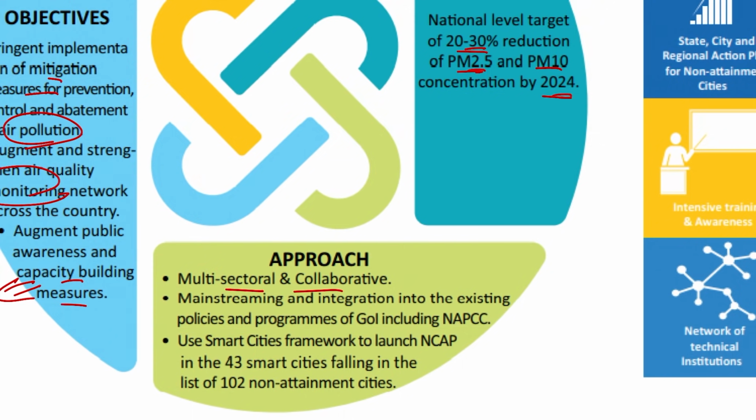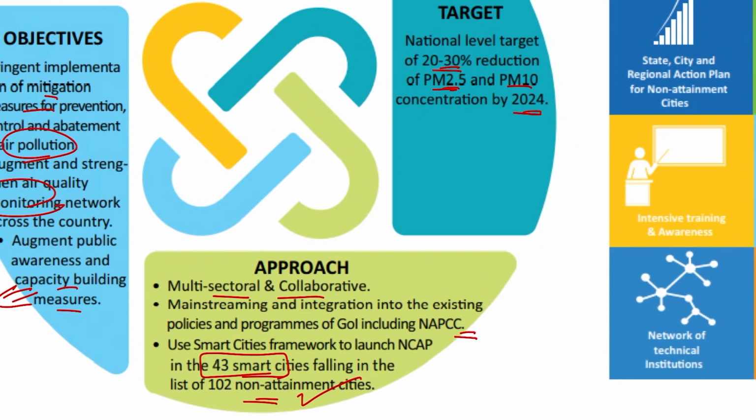Then mainstreaming and integration into the existing policies and programs of Government of India, including the National Action Plan for Climate Change. And then use Smart Cities Framework to launch the NCAP in the 43 smart cities falling in the 102 non-attainment districts. So within this 102 non-attainment districts, the 43 smart cities will be given more weightage. So this is the approach.